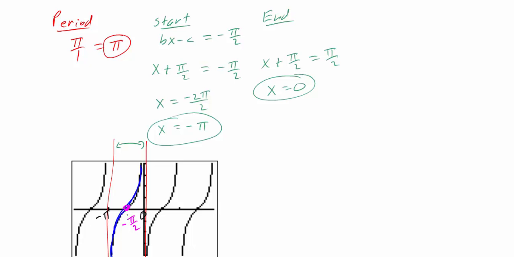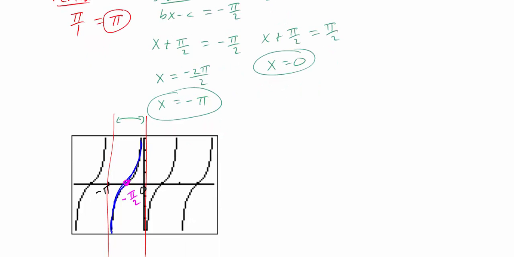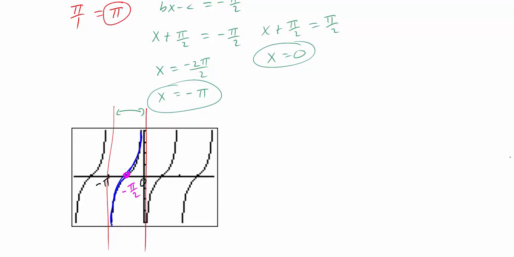So again, similar to the other graphs, in this case we're looking at the tangent. Now again, at negative pi and here at 0 we have the vertical asymptotes occurring because we would have the division by 0.